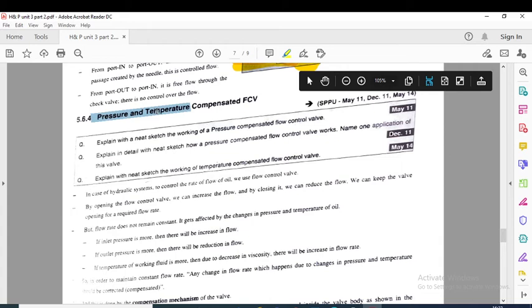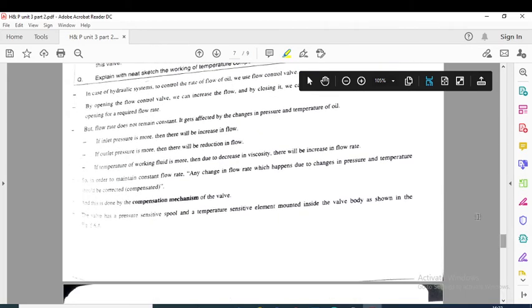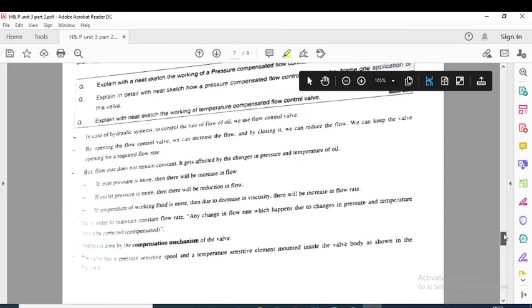Then this is the pressure and temperature compensated flow control valve. In a hydraulic system, to control the rate of flow of oil, we use flow control valves.